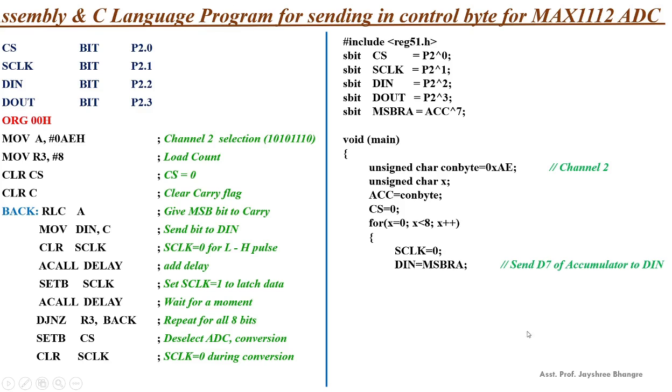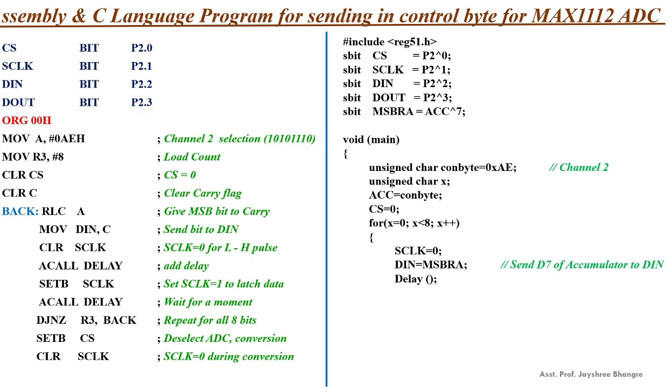Then MSB_RA is nothing but the 7th bit or MSB bit of the accumulator we have defined over here. So the 7th bit of that accumulator will be given to the pin DIN. So actually we are sending D7 of the accumulator to DIN.